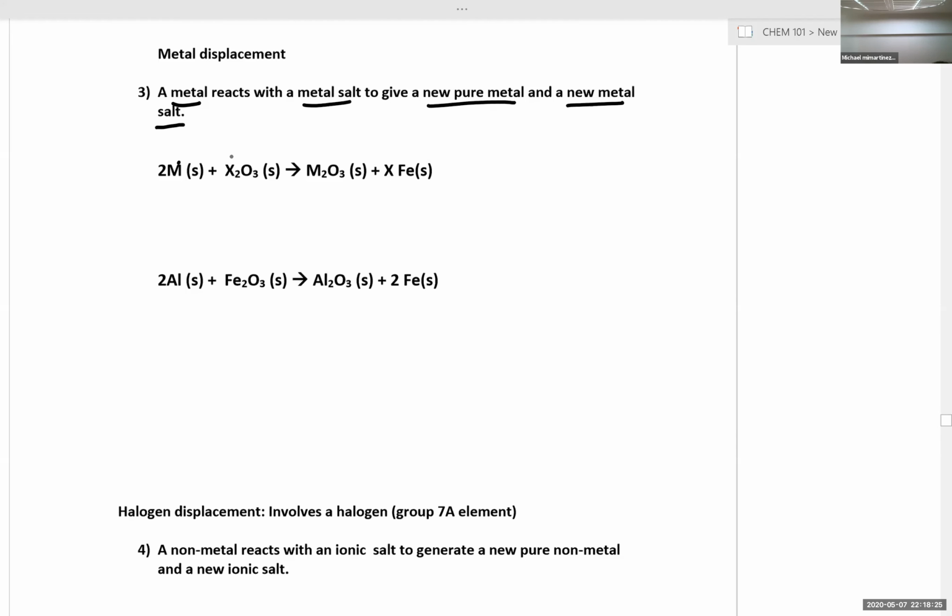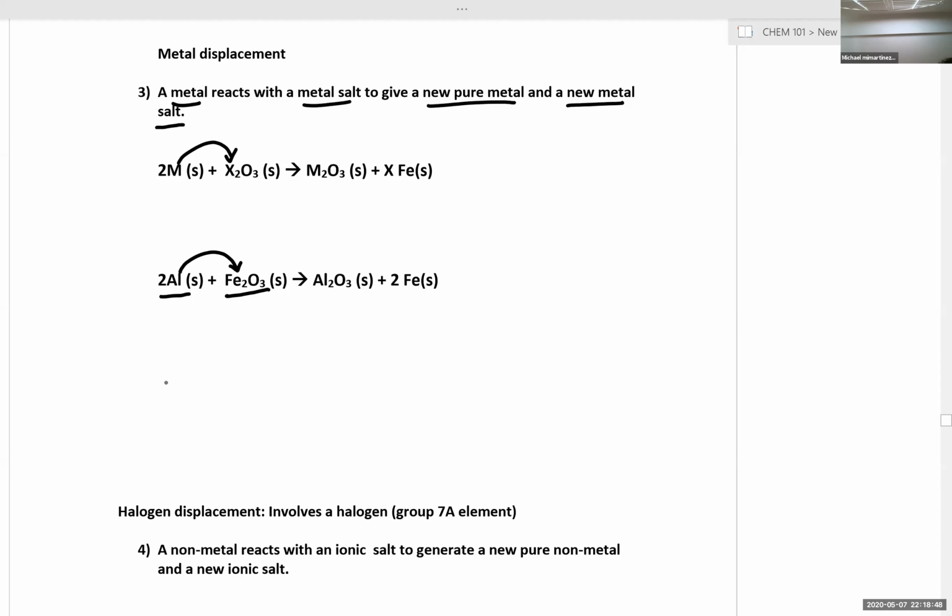So in this case, the metal is displacing another metal from our chemical formula. So an example of this is aluminum reacting with iron oxide. In this case, aluminum is displacing iron from the chemical formula, and we get out aluminum oxide and iron.